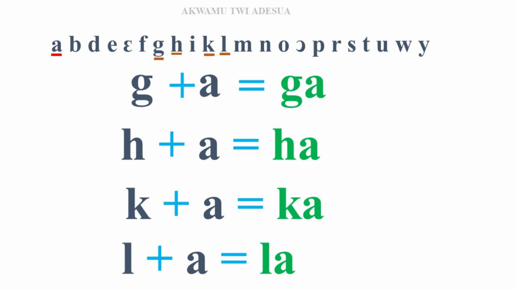We have the k and the a, which is the k, and the a will give us ka. And l and a will give us la, which is the l, and a will give us la.